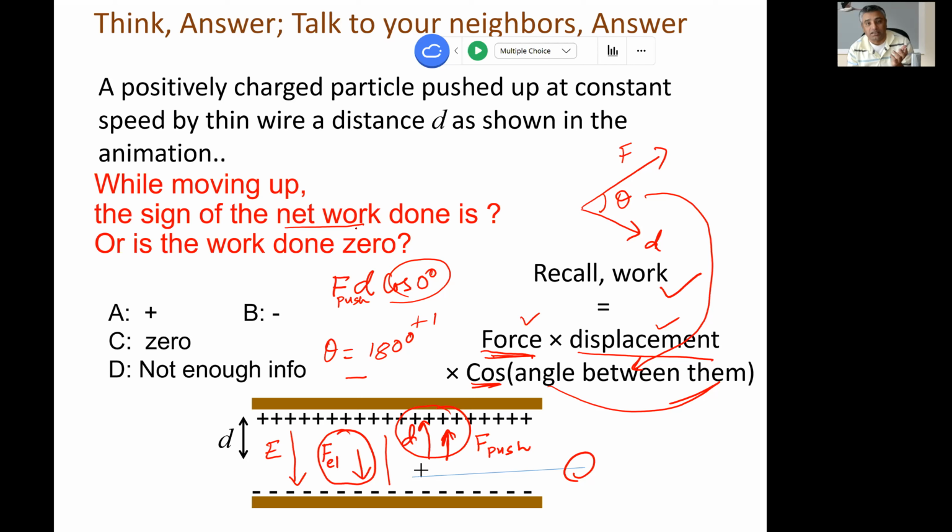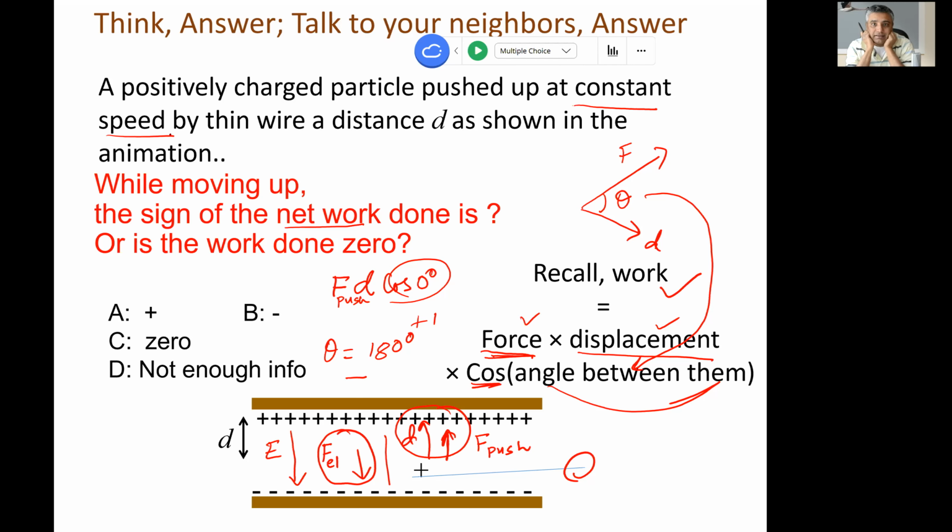So network means we can calculate network two different ways. One, find the work done by each of the forces and add them together. Another one, first find the net force and find the work done by the net force. So there are two ways we can do it. In this case, it says it is moving with constant speed. If something is moving with constant speed, what do we know about the force?